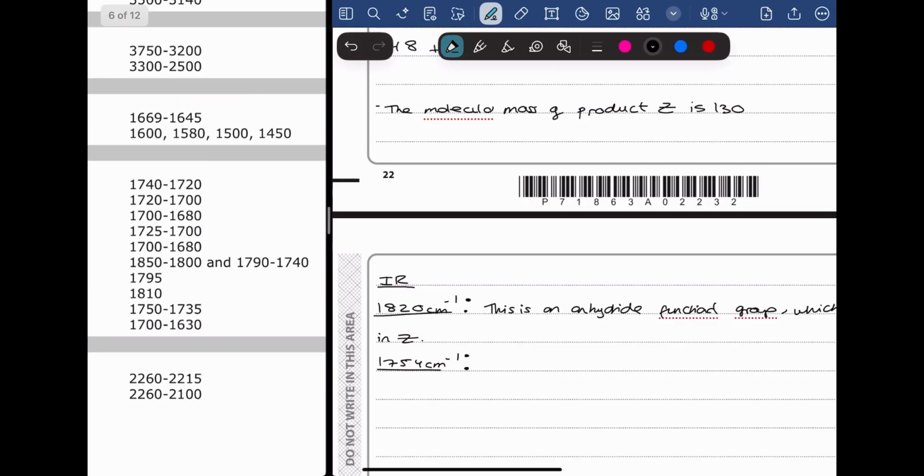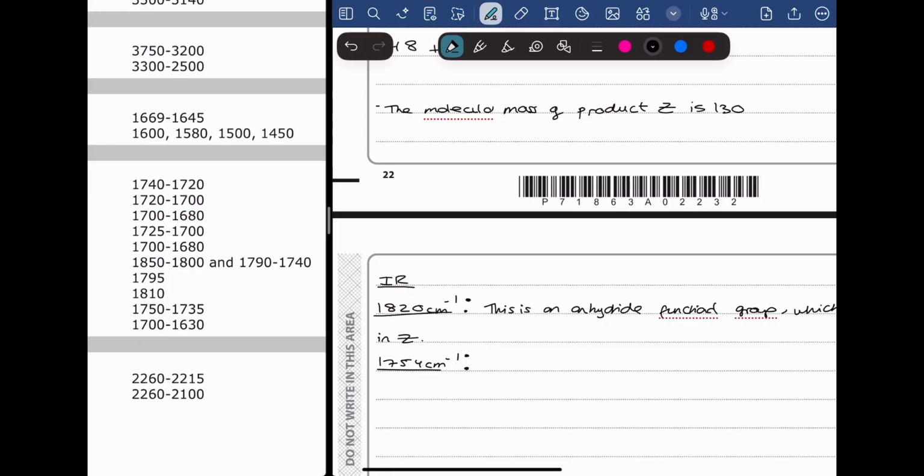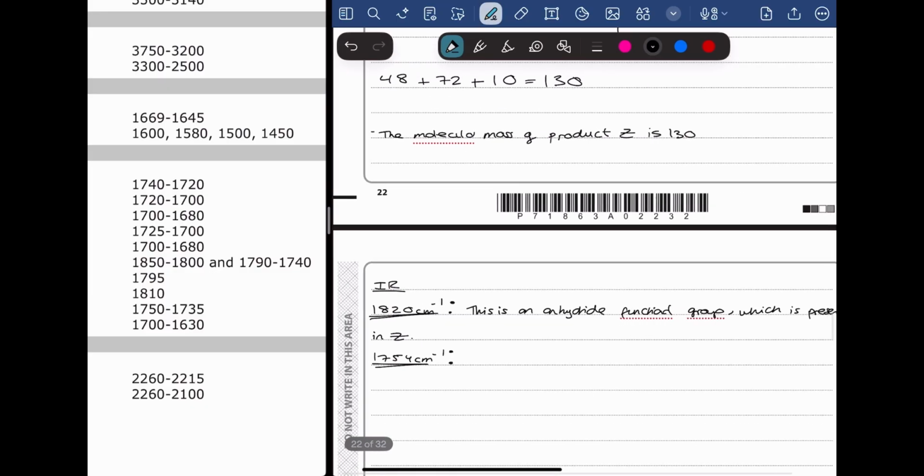As you can see, both of these peaks come up when there's an anhydride, and both of our peaks match with these two. That reinforces the fact that it's an anhydride.